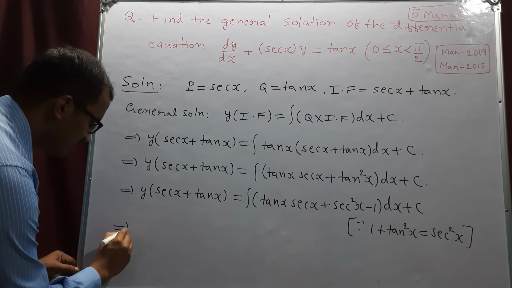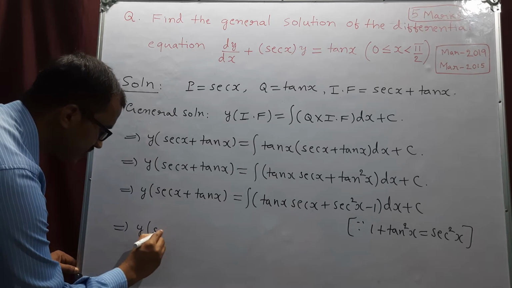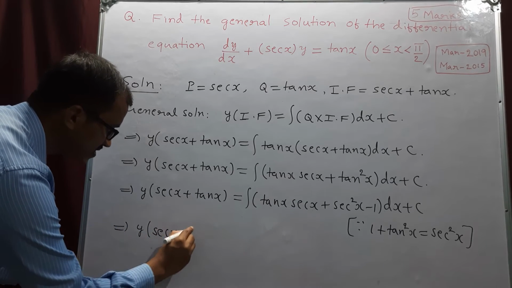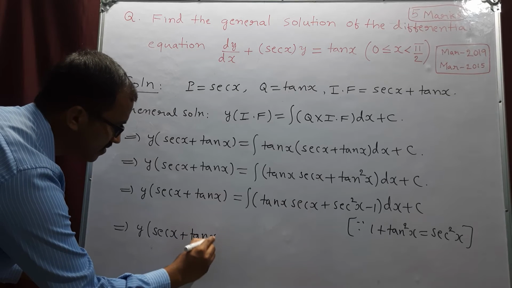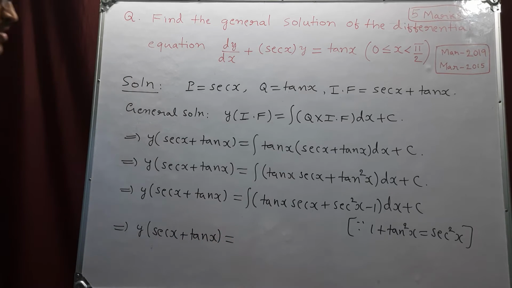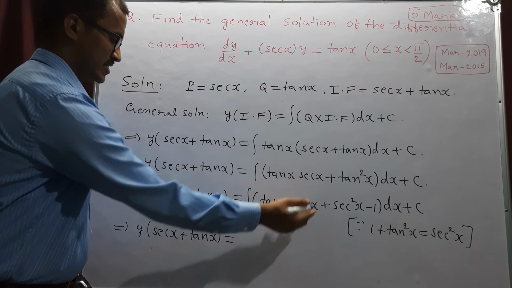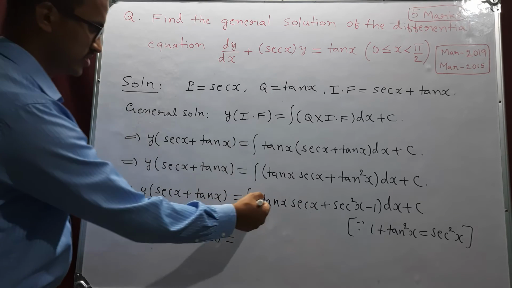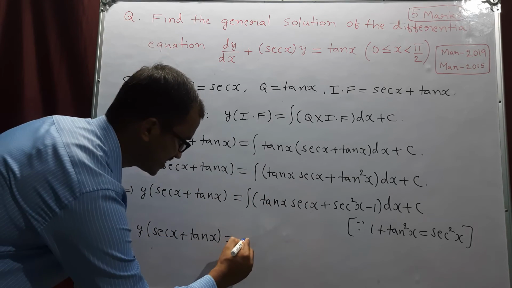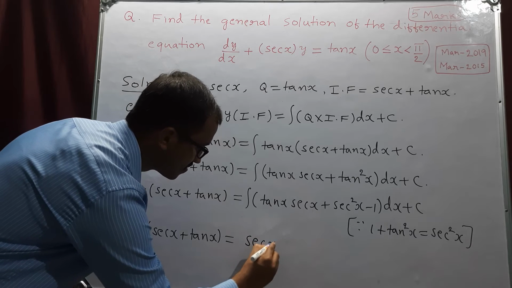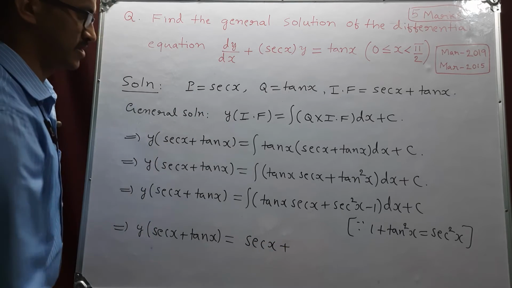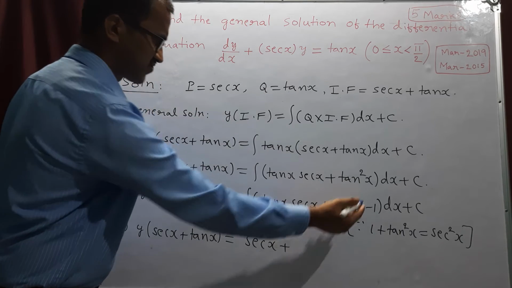So y into secant x plus tan x is equal to integration of tan x secant x, which as I told is secant x, plus integration of secant square x.